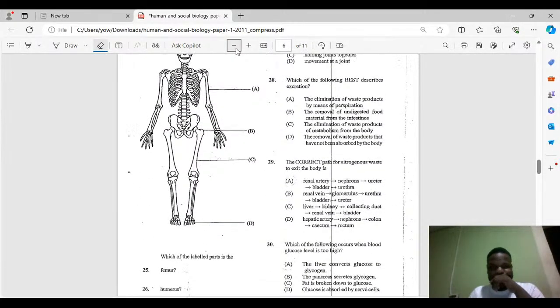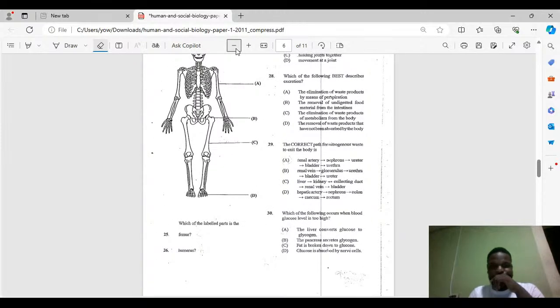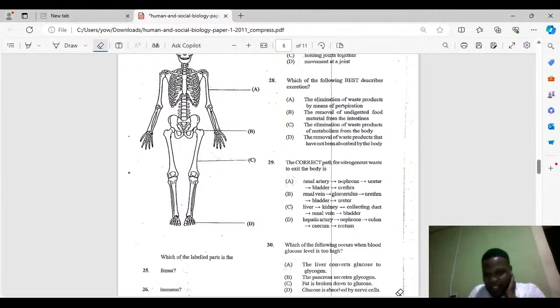Which labelled part is the femur? We're saying femur is C. I'm seeing a lot of C. C is correct.